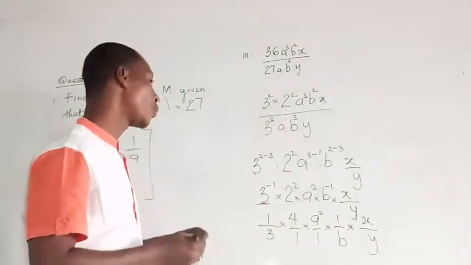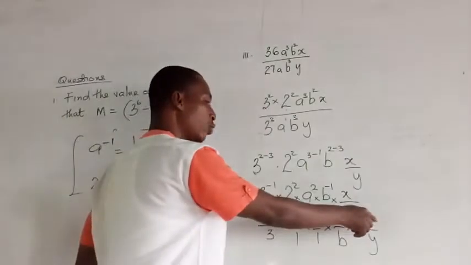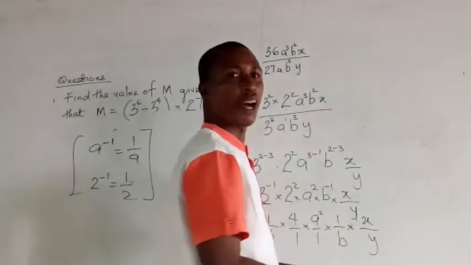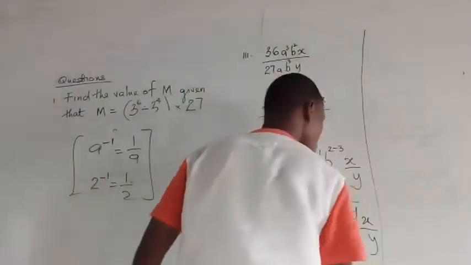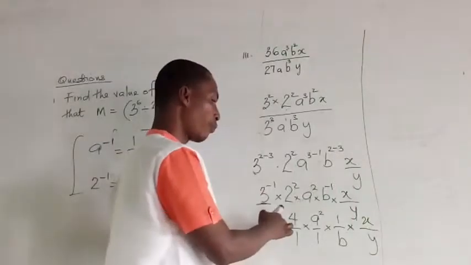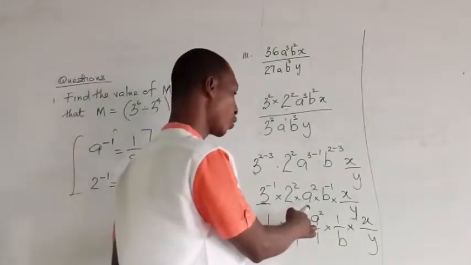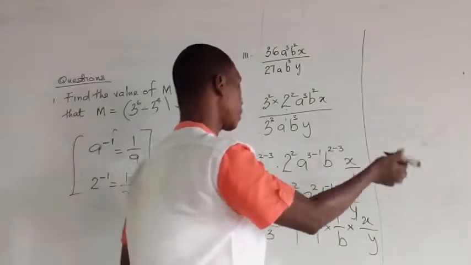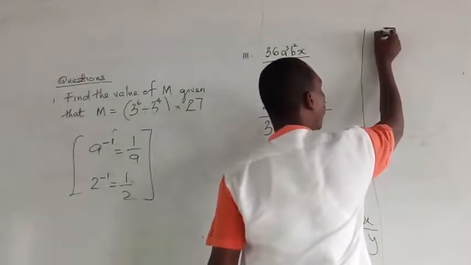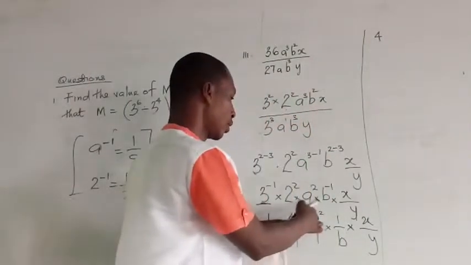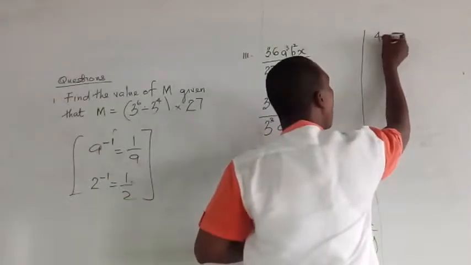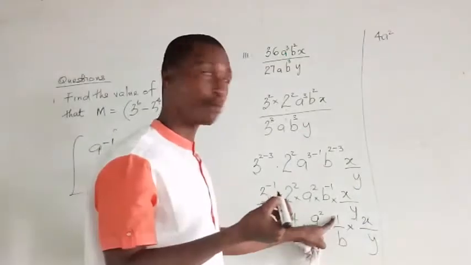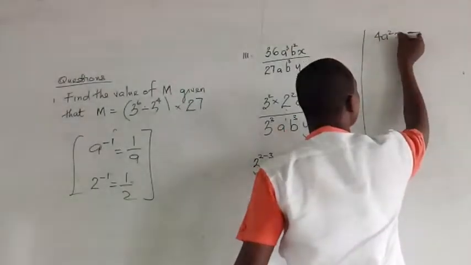So the law says when we are multiplying, we multiply all the numerators together and all the denominators together. So what are we going to get? 1 times 4 is 4, times a squared is 4a squared, times 1 is the same, times x.